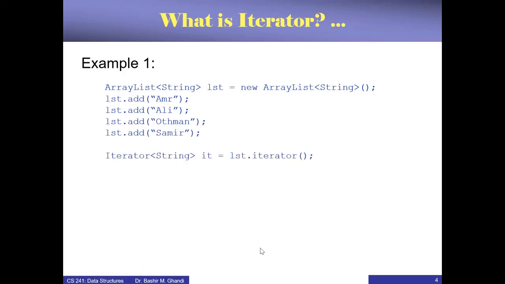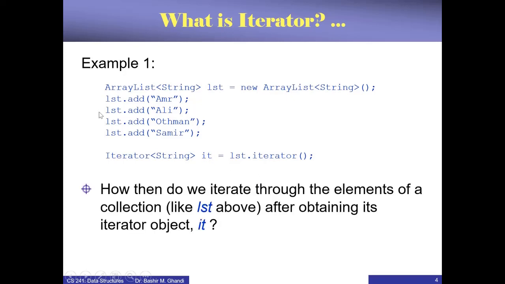So this is how we do it. This is the iterator object, and this object can be used now to traverse through these elements. But before we do that, I will first give further explanation about what is actually inside this object. We need to look at its methods.